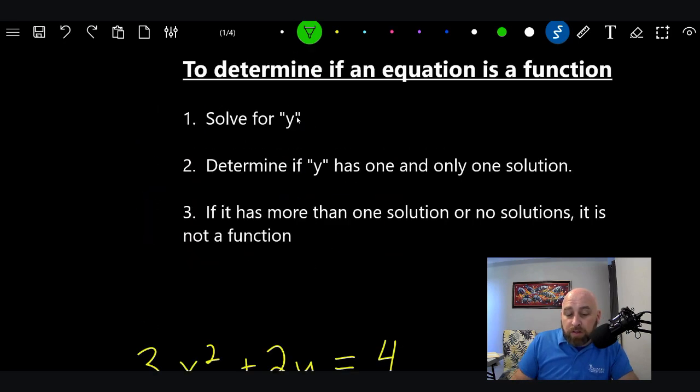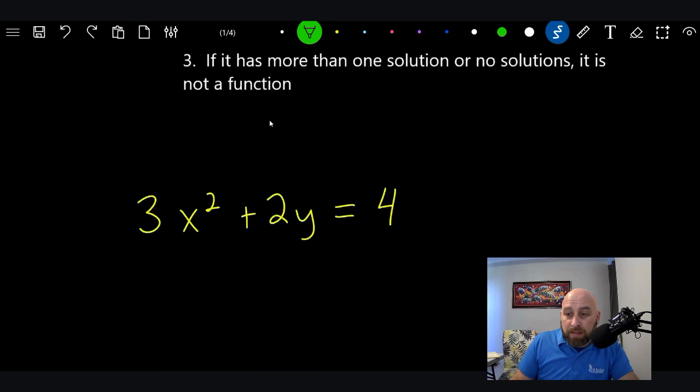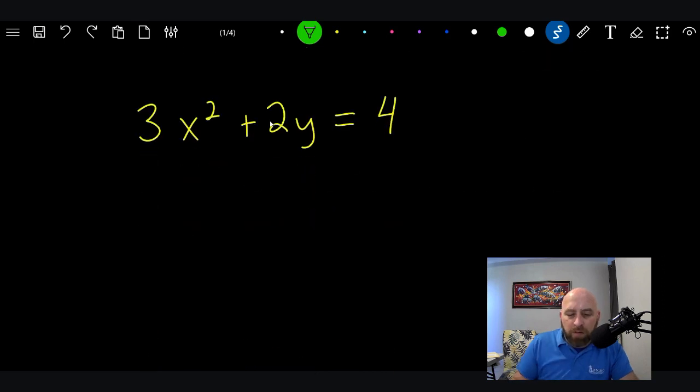Okay, so let's solve for y. That's step number 1. How do we solve for y? We want to get y by itself, so we want to take this 3x squared over to the other side. How do we accomplish that? By subtracting 3x squared from both sides.